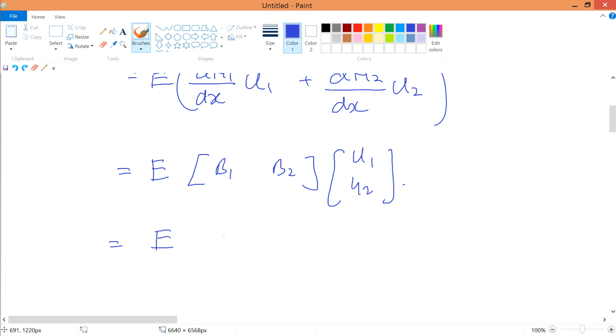So this one becomes your B transpose, this one becomes your ui, and therefore your stress is equal to this one. In other words, you're changing your strain in terms of all this stuff. As you can see, your strain becomes such a big chunk of information over here. So this is just a quick understanding of the stress of the bar.